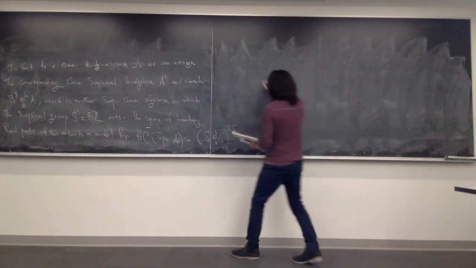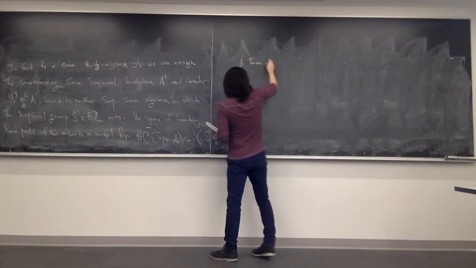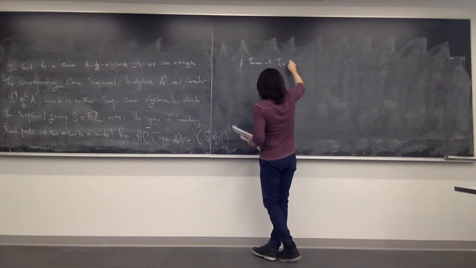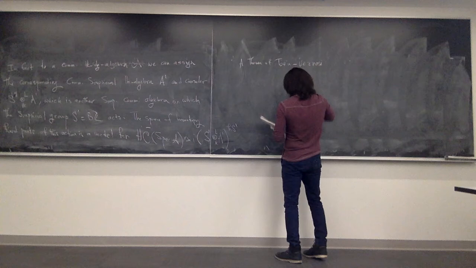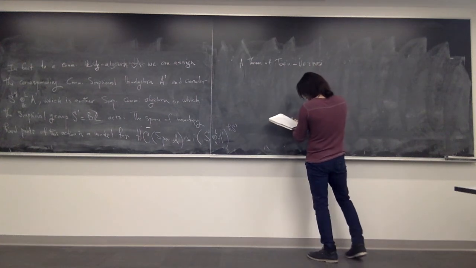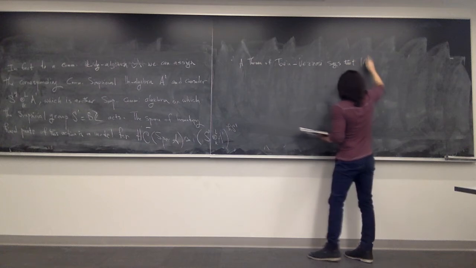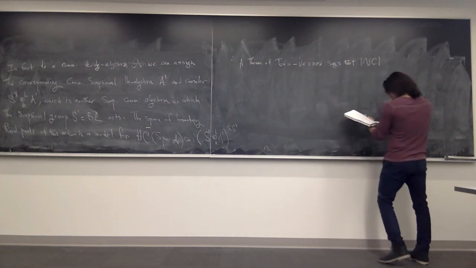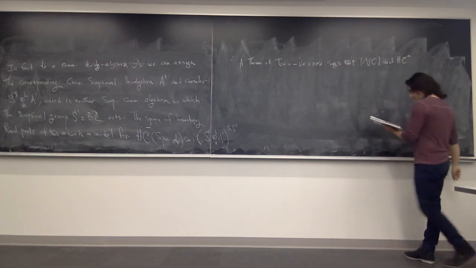Now a theorem of Cohen and Vezzosi says that the derived stack NC and AC negative are equivalent.